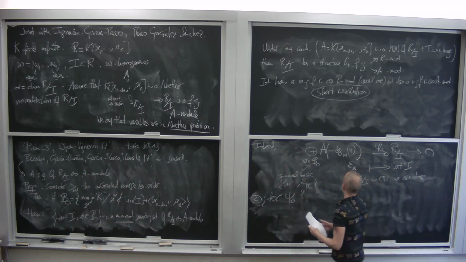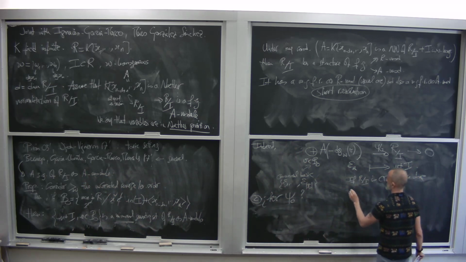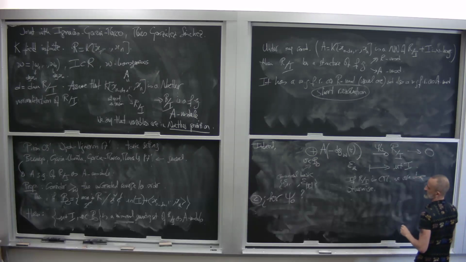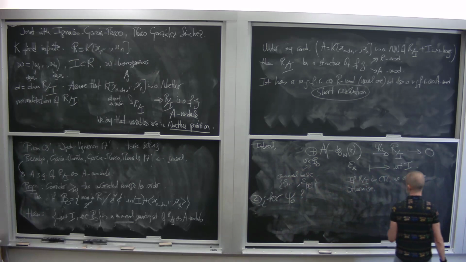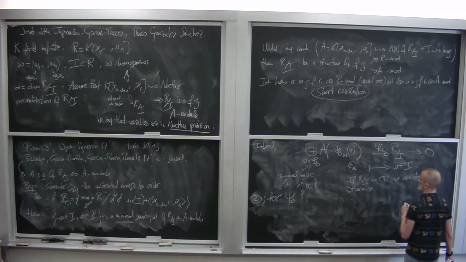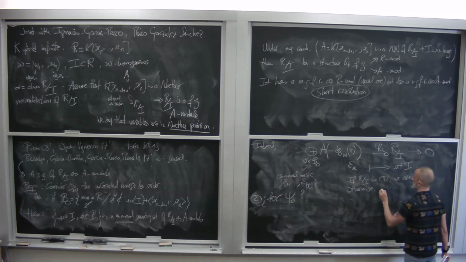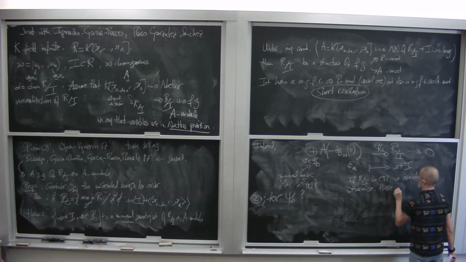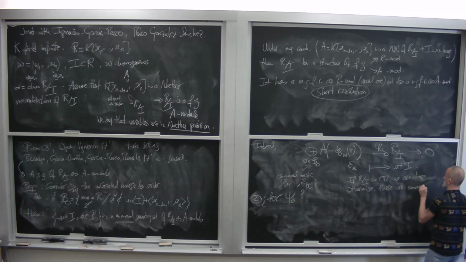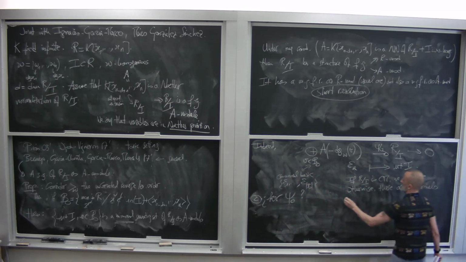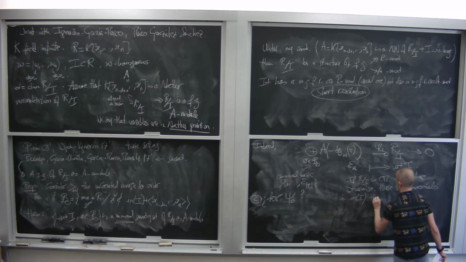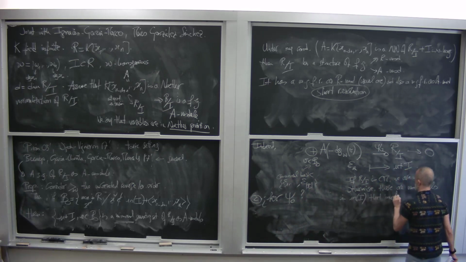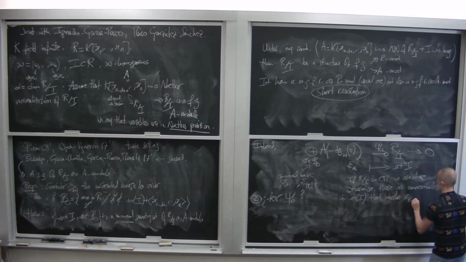If it's not Cohen-Macaulay, one knows that, and that's also because of this reverse lexicographic order, there are monomials in the initial ideal of phi that involve the last variables.